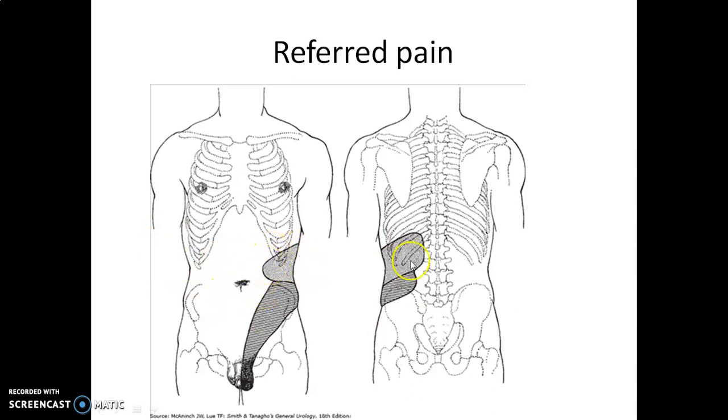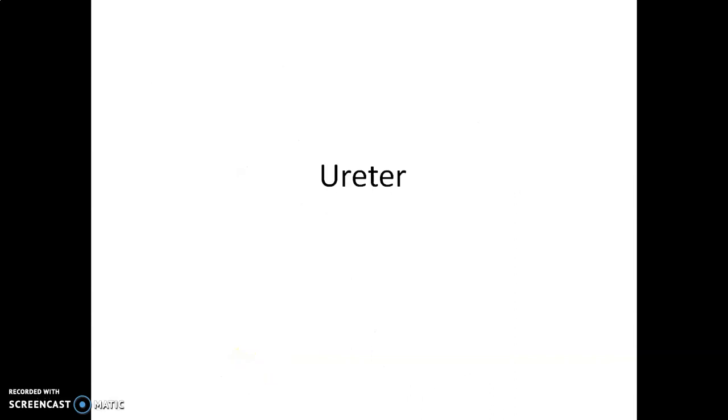More often than not, in the renal angle area, the loin area, the pain will be there. But if the stone is descending down in the ureter, the patient classically complains of pain radiating from loin to groin. So this is the loin, the upper portion of the hip, and the genital area is called the groin. So loin, L-O-I-N, to groin, G-R-O-I-N. Radiation of the pain also will be there.